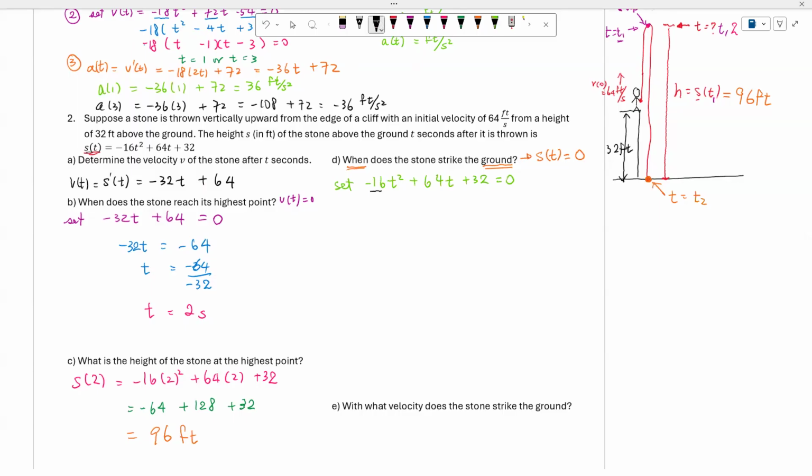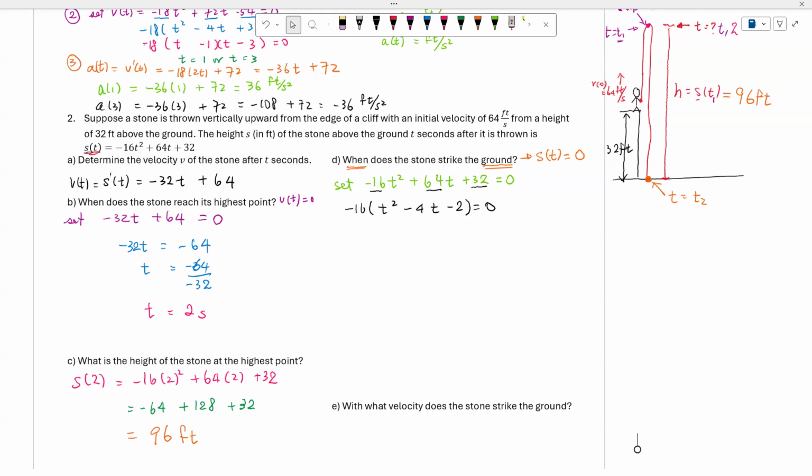And again, I found out that the coefficients are actually multiples of 16. So maybe let us take out the negative 16. Then I found that in this case I will not be able to factor.